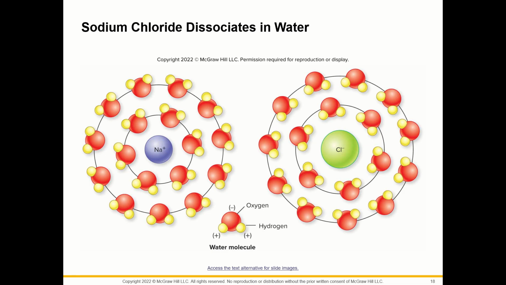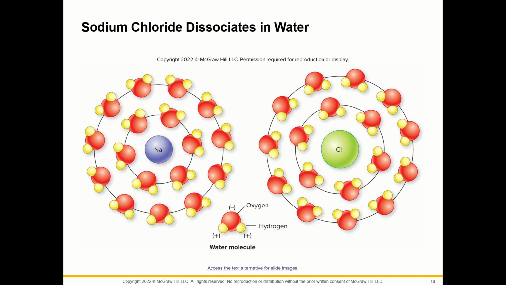Here's figure 2.6, how sodium chloride dissolves in water. So again, the negatively charged oxygen is going to be attracted to the sodium cation, and the positively charged hydrogens are going to be attracted to the chloride anion.